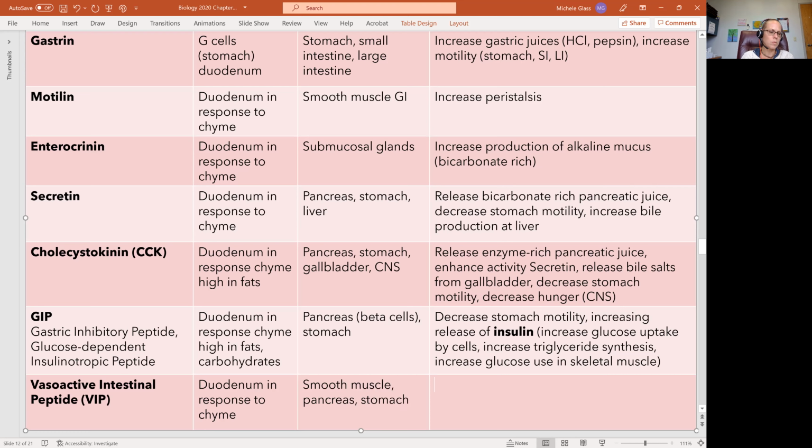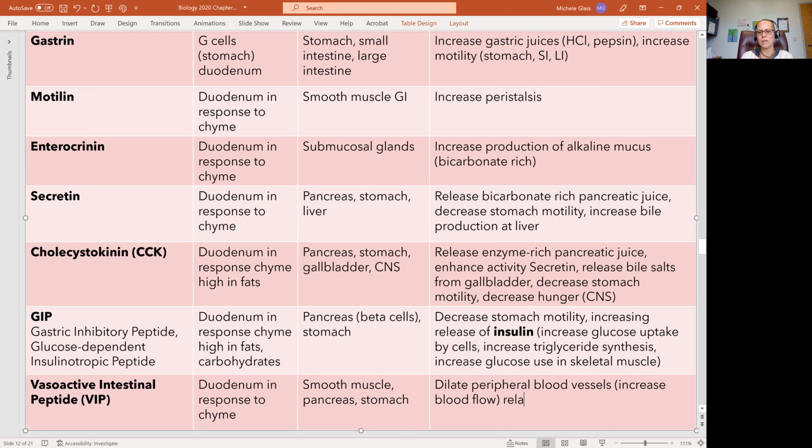And when we talk to the smooth muscle, what we're going to do is dilate your peripheral blood vessels. Vasoactive, that makes sense. So you're going to increase blood flow. This should make sense. We're getting ready to absorb a whole bunch of nutrients, and that's happening with the bloodstream. So we want that blood to come to this particular area.